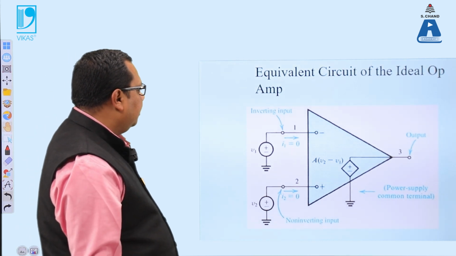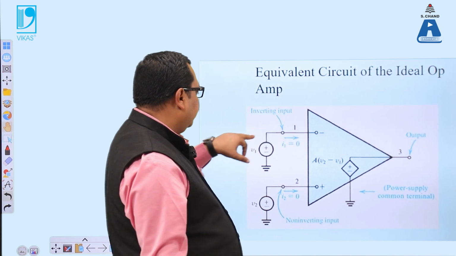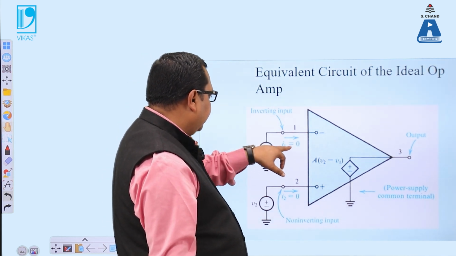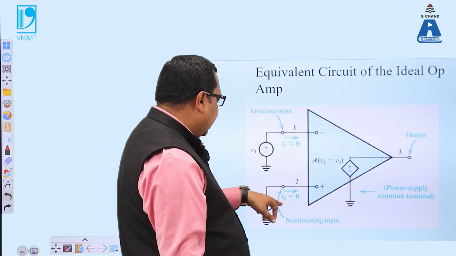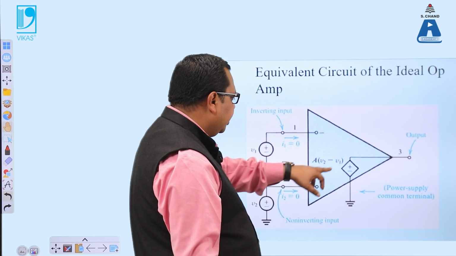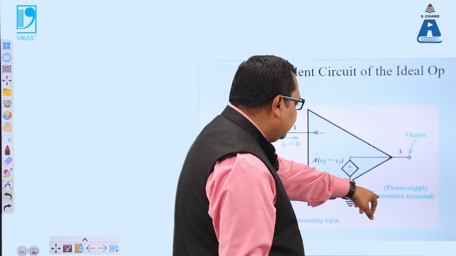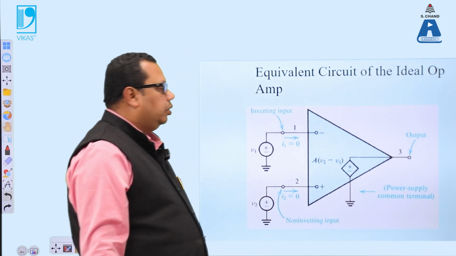The circuit of the operational amplifier is like this: this is the operational amplifier, and this is leg 1, which is V1, where I1 is equal to 0, and here is leg 2, which is V2, I2 is equal to 0. Then A is equal to V2 minus V1. Then there is the power supply common, this is the common terminal, and from here we get the output.